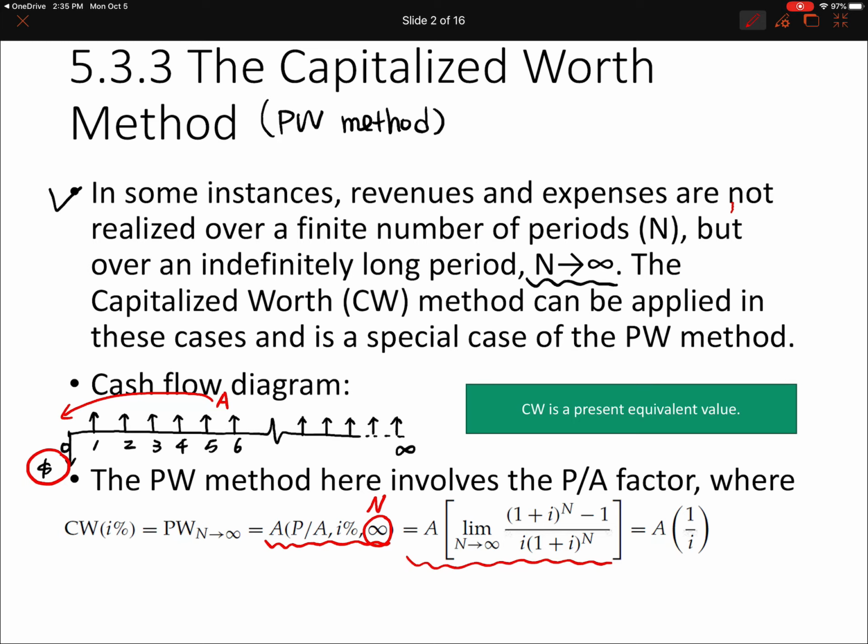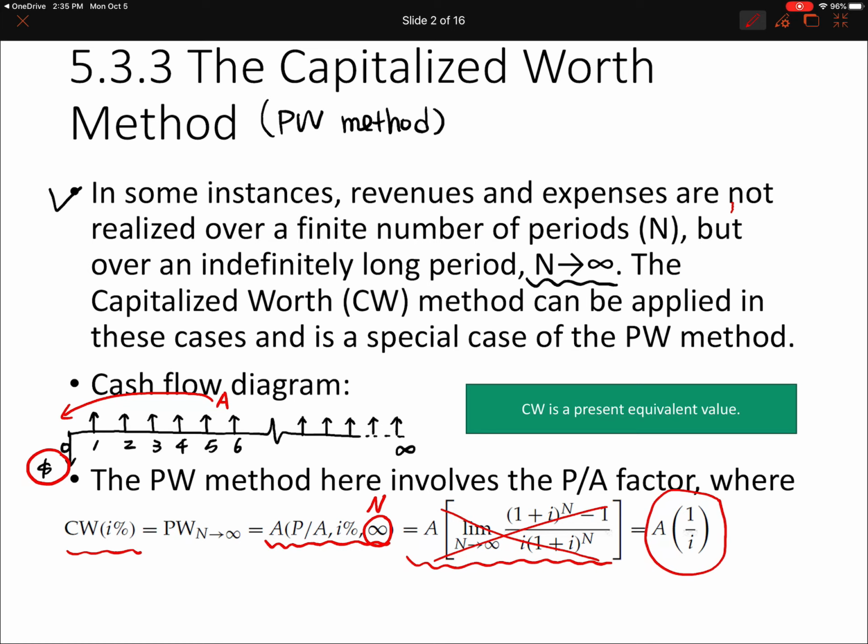But if it is an infinite time, then we have some mathematical equations going on, and you don't have to worry about the internal calculation, but it is proved that this equals this very simple equation.